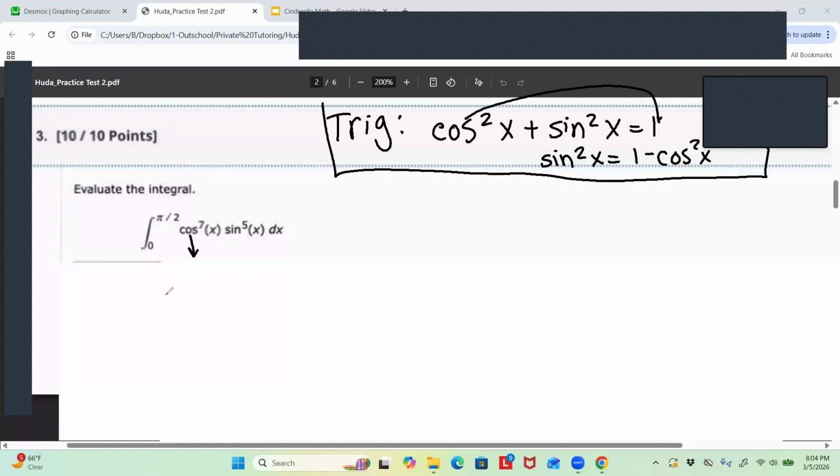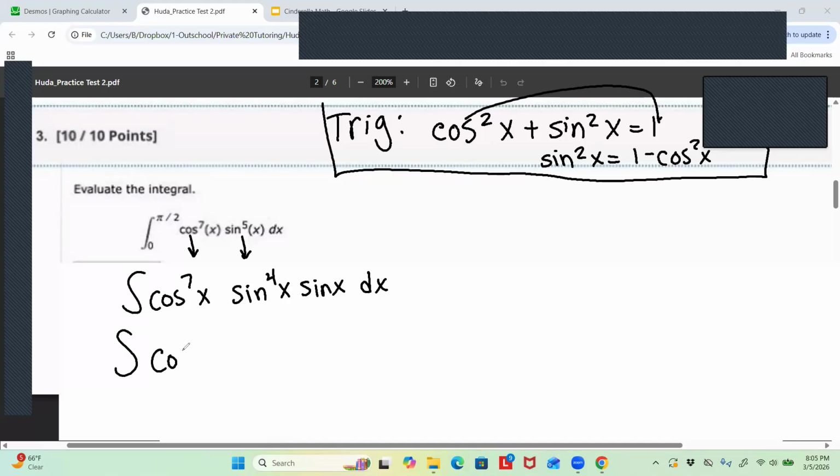So we are going to keep the cosine to the 7th, and we're going to turn sine to the 5th into sine to the 4th and a sine by itself. Okay, but look up at our little trig notes. We need sine squared. Okay, well, that's fine. Can't we just say sine to the 4th is sine squared squared? Yeah, because 2 times 2 is 4.